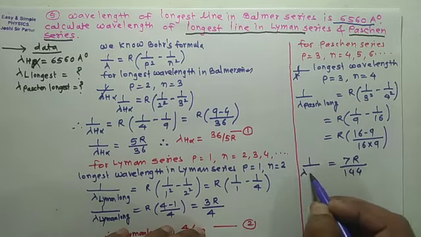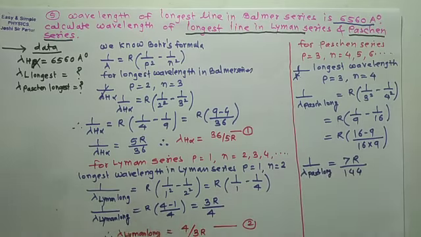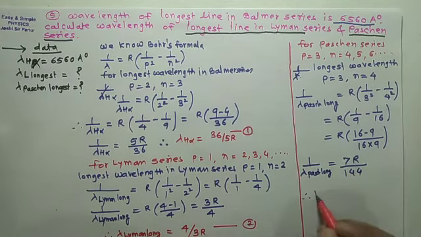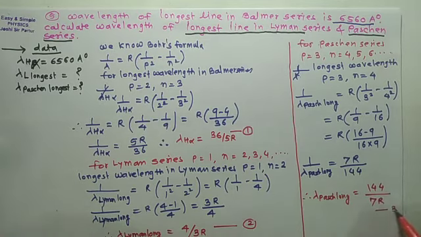Taking the reciprocal, lambda Paschen longest is equal to 144 divided by 7R. This is equation number 3.